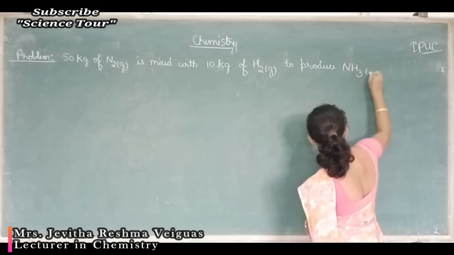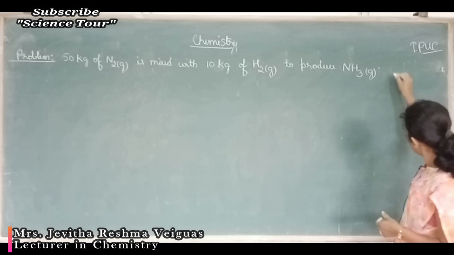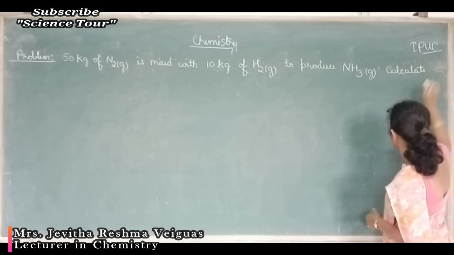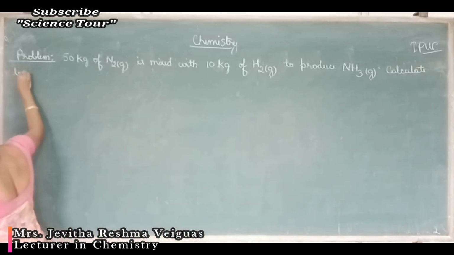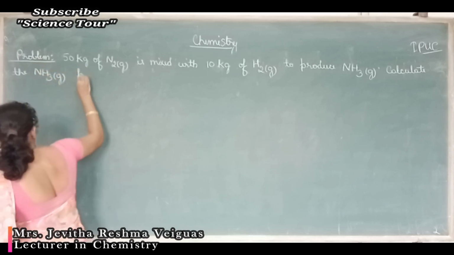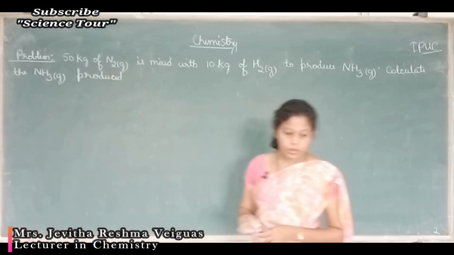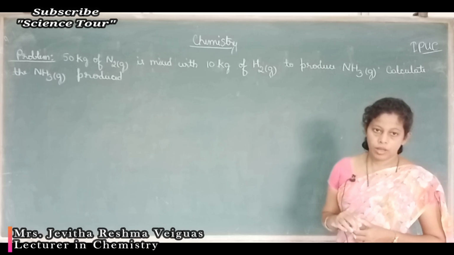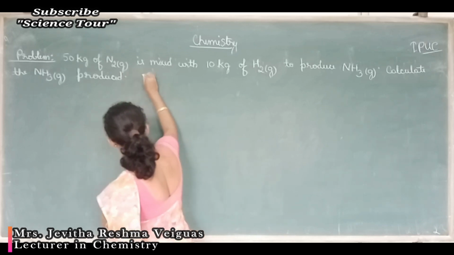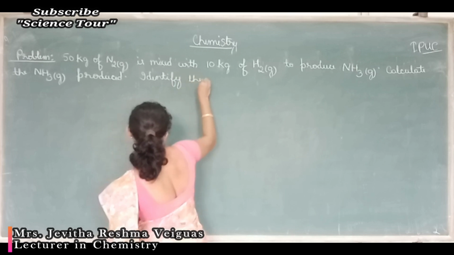Ammonia is NH3 gas. Calculate the ammonia gas produced in the reaction and identify the limiting reagent.